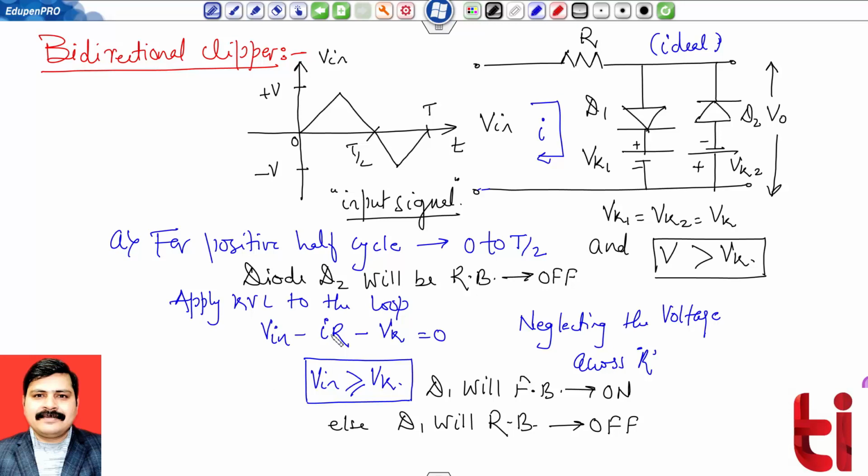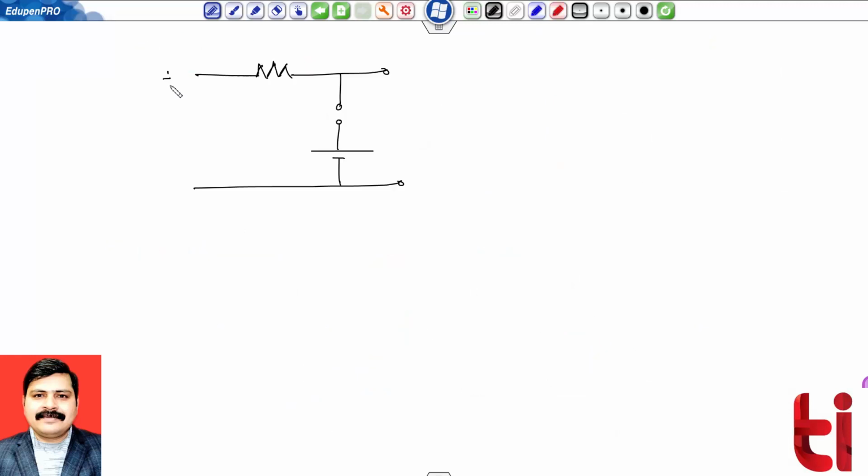So for the situation when it is on, I have to find the output. Let me draw the circuit diagram for these two cases. For the positive half cycle, my upper terminal is positive, lower is negative.